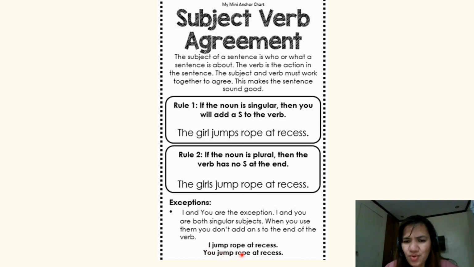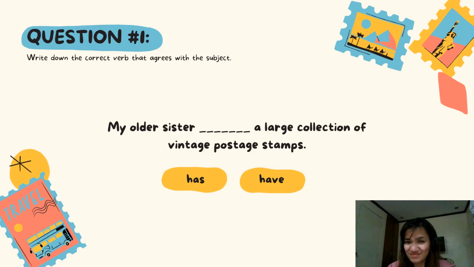I jump rope at recess. As you can see, we use I. That's why the verb doesn't have S because we use I. And you jump rope at recess. Get it?